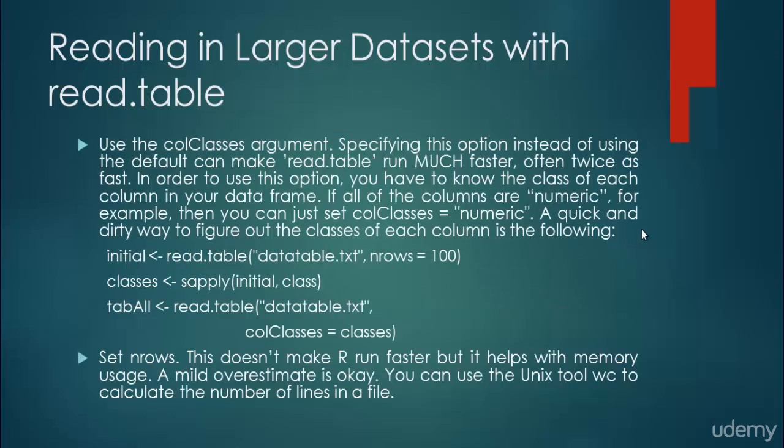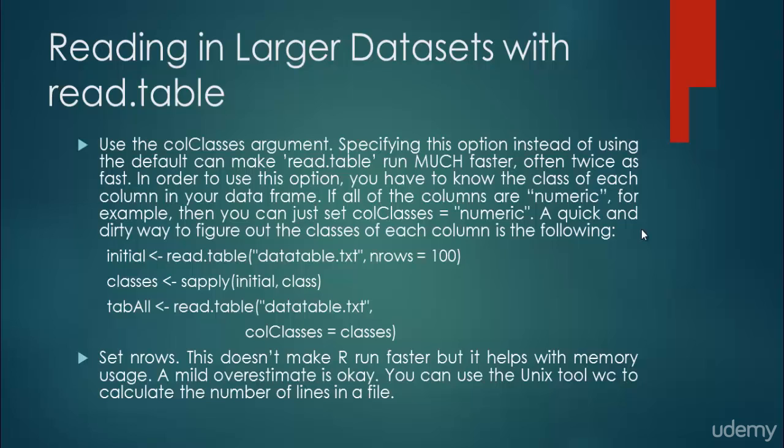Moving on, you should use the colClasses argument. When you specify this option instead of going for the default, it will make read.table run much faster, often indicated as twice as fast as the default.